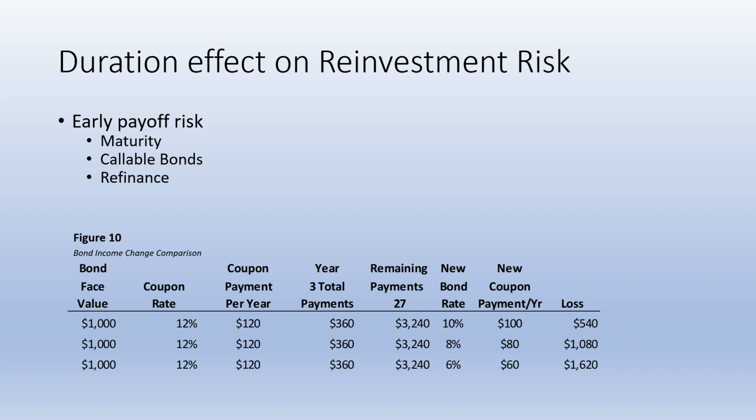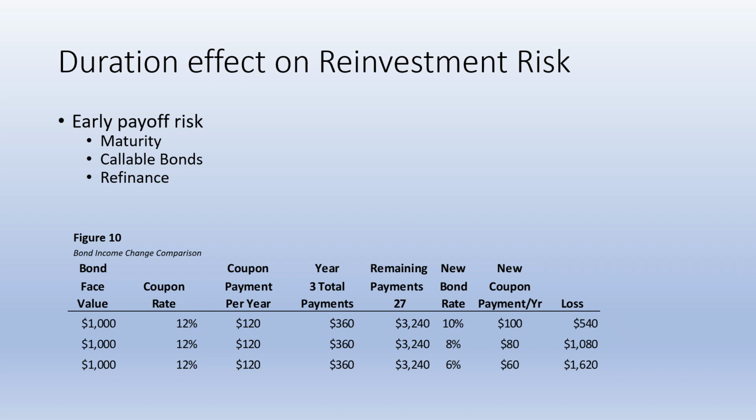The remaining coupon payments at 12% total $3,240 over the remaining 27 years if the bond does not pay off early. If the market rate for a bond with similar characteristics at the end of year 3 was purchased at a 10% coupon rate instead of the 12% rate, then the loss in income for the remaining 27 years would be approximately $540.